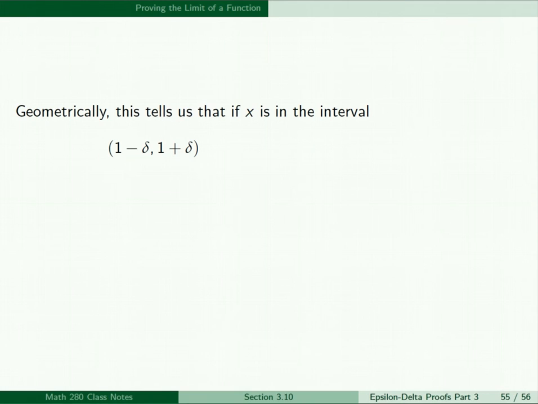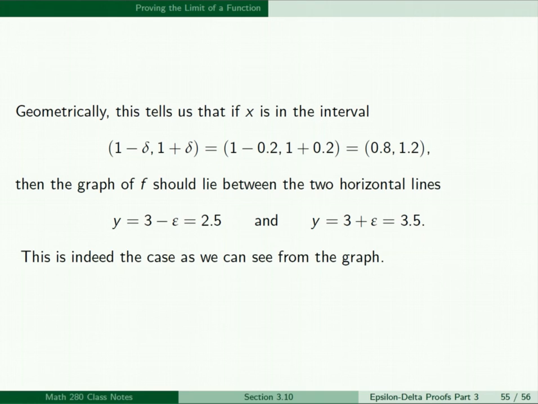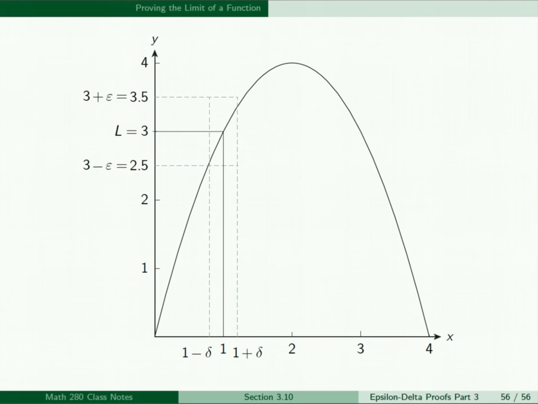Geometrically, this tells us that if x is in the interval from 1 minus delta to 1 plus delta, which is 1 minus 0.2 to 1 plus 0.2, or 0.8 to 1.2, then the graph of f should lie between the two horizontal lines y equals 3 minus epsilon, which will be 2.5, and y equals 3 plus epsilon, which is 3.5. And this is indeed the case, as we can see from the graph, which is shown here.